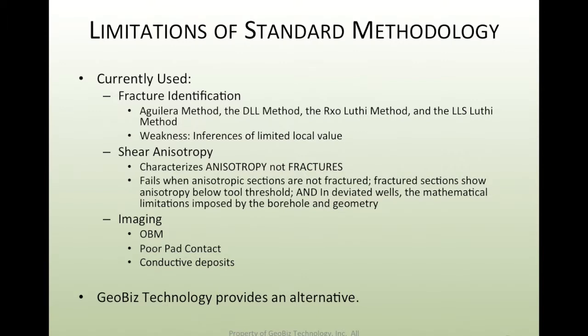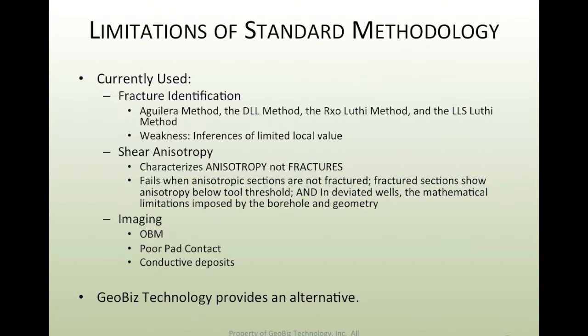What do I mean by that? That means that they're not directly trying to identify fractures, they're measuring some other phenomenon and inferring that these phenomena imply a fracture zone. Shear anisotropy is probably one of the more common characterization methods from sonic currently, but I think it's important to note that it characterizes anisotropy and not fractures.